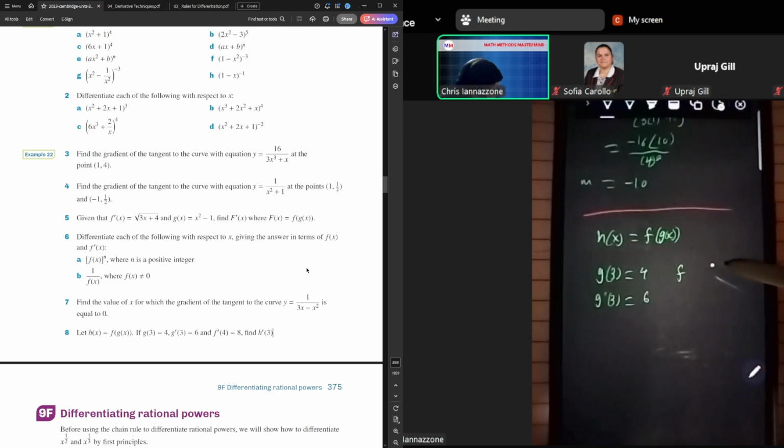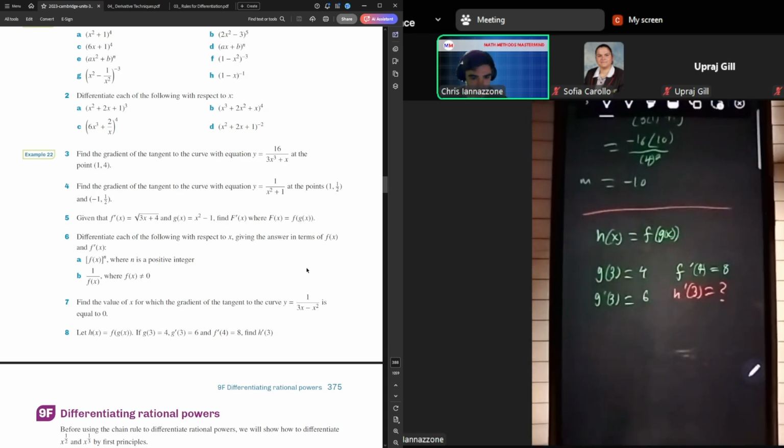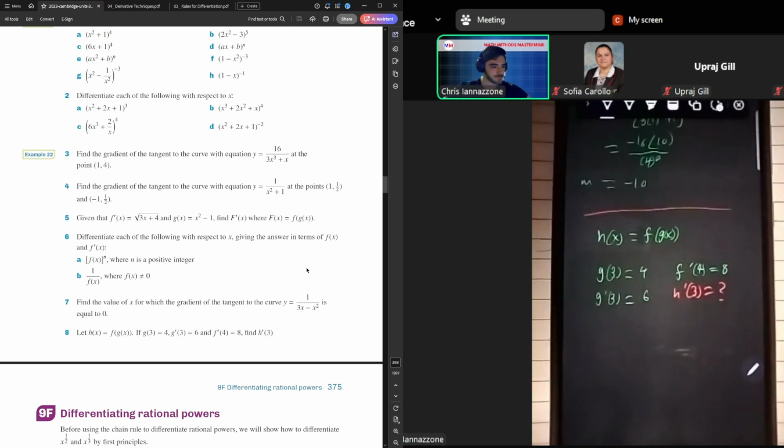And we're told f dash of 4 is equal to 8. Our goal is to find h dash of 3. That is an interesting question. I guess the first thing to ask here, h dash of anything, what does that actually mean notation-wise?